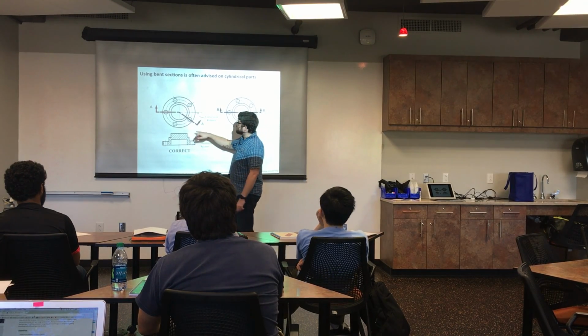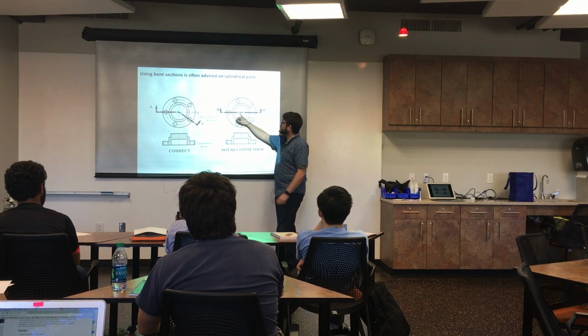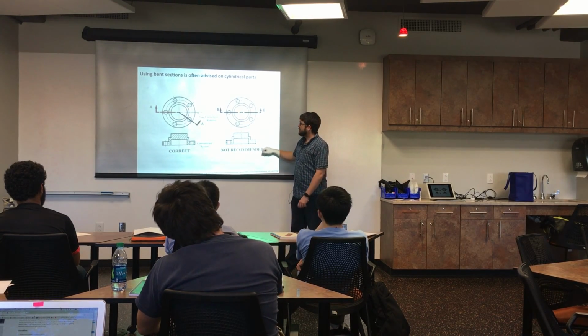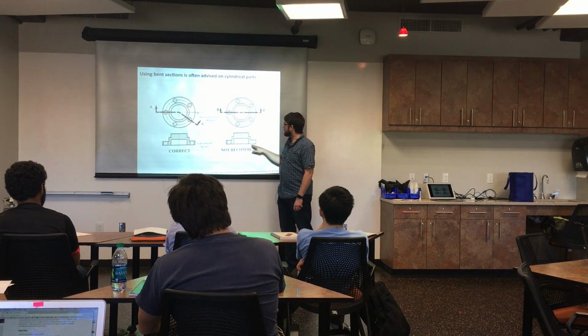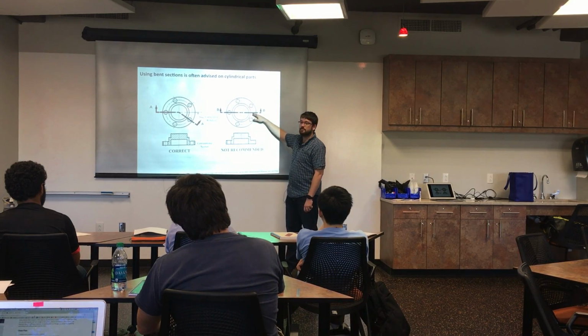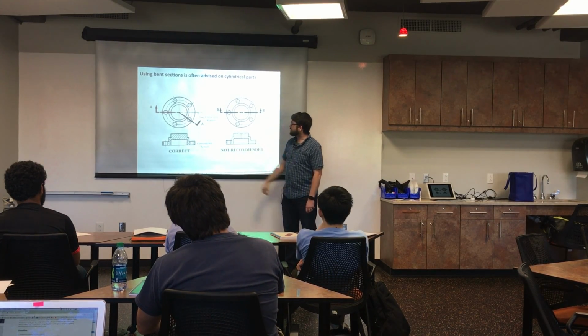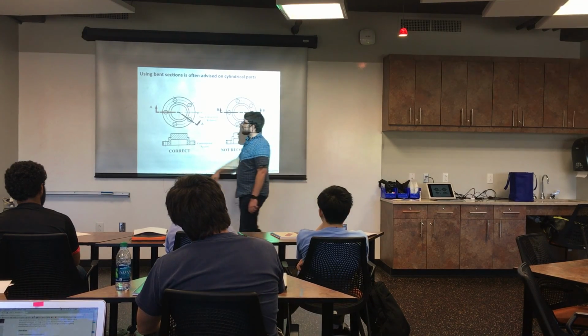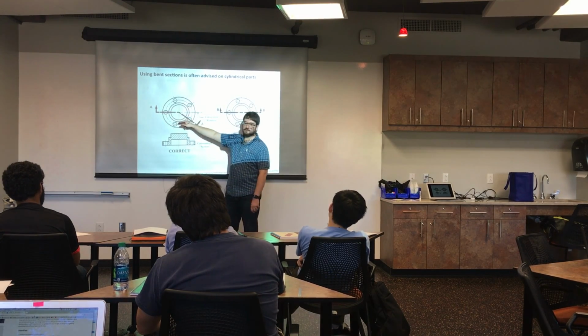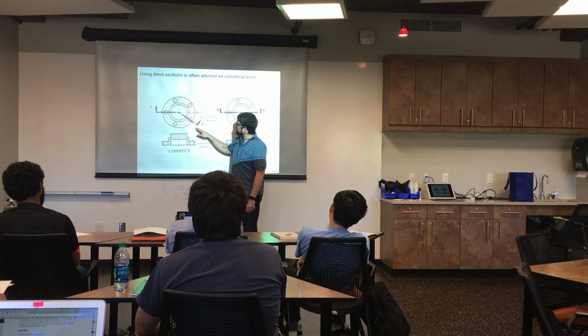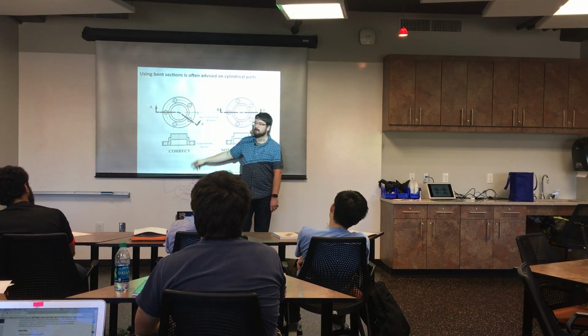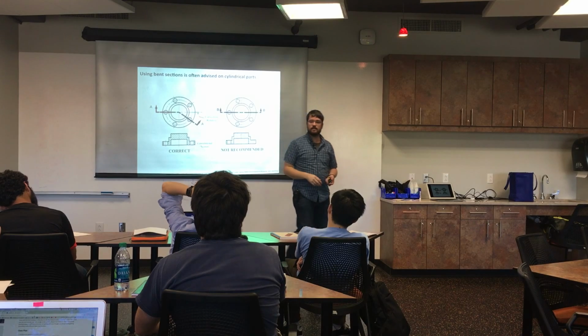Well, we could take a section straight across like this, but that looks pretty weird, and it's maybe not the most useful thing, because here we're showing that there's no hole. It's obvious there's no hole there. And then here we're showing a through hole. So you can break the section, and in this case, in cylindrical parts, it generally makes sense to break the section at the center of the part and have it go through the center of both of those holes, and then you show the cross section like that.